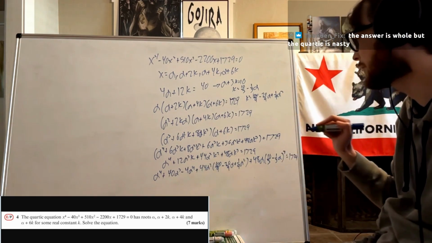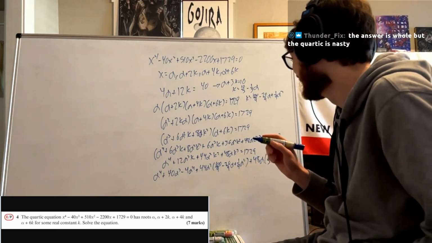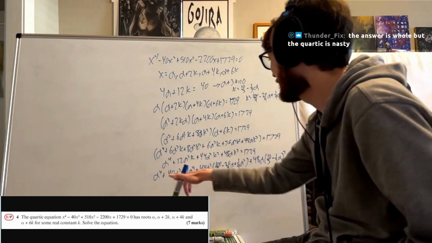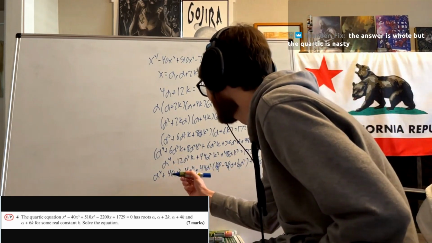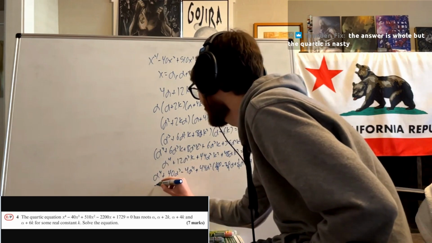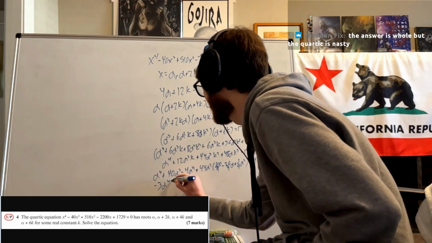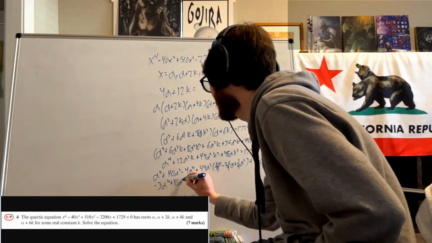Okay, we have an equation only in terms of alpha now. Let's combine what terms we can over there. We have alpha to the fourth minus 4 alpha to the fourth. 40 alpha cubed.